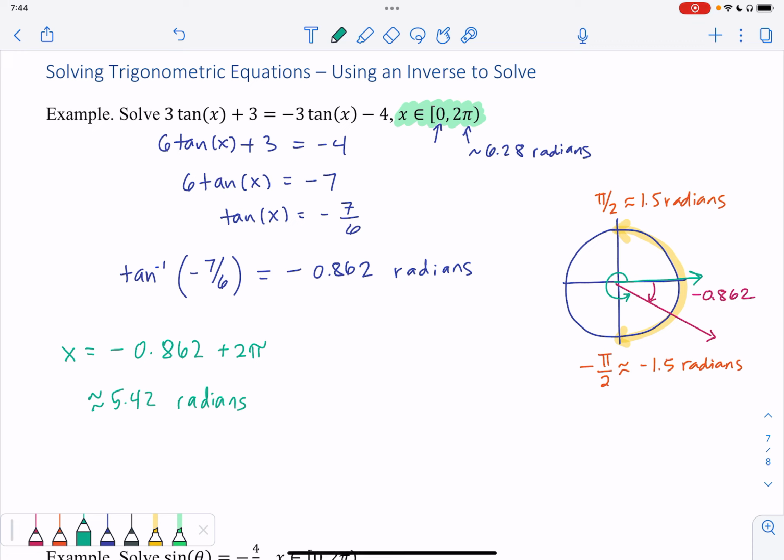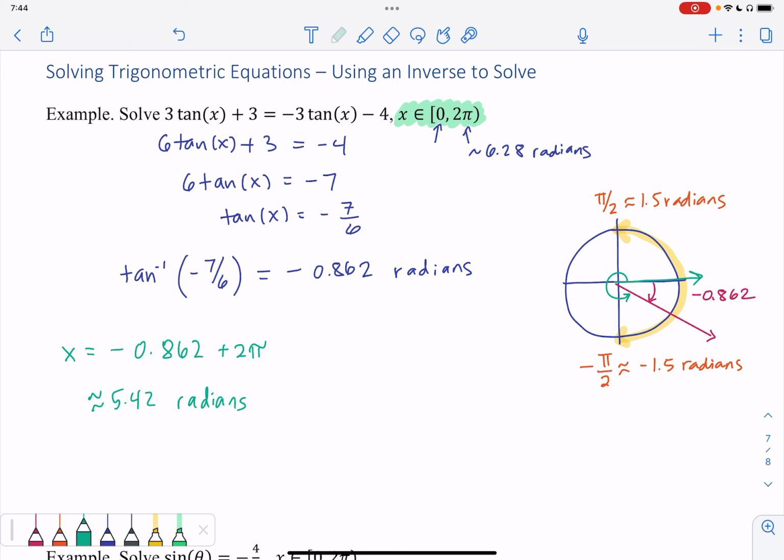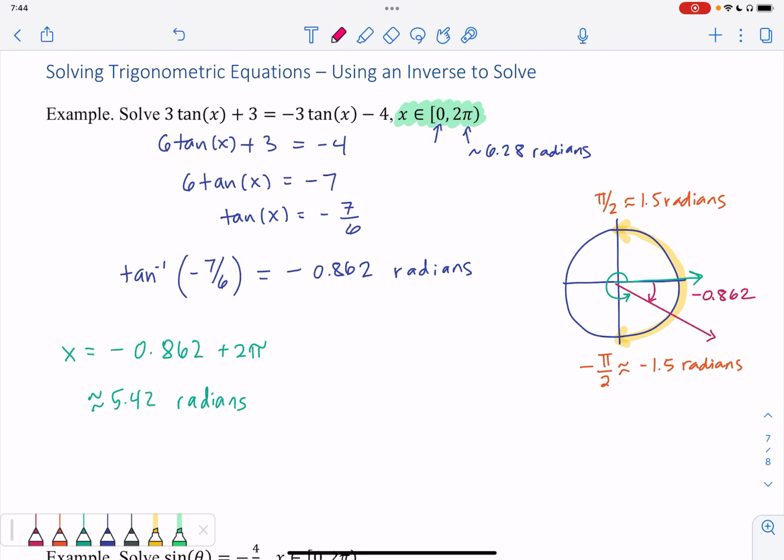But I don't want to miss my other solution. So where's my other solution? Well, I know that tangent has a period of pi. That means every pi, it's going to repeat the same output values. So tangent of x equals negative 7/6. This output value of negative 7/6 is going to repeat every pi.